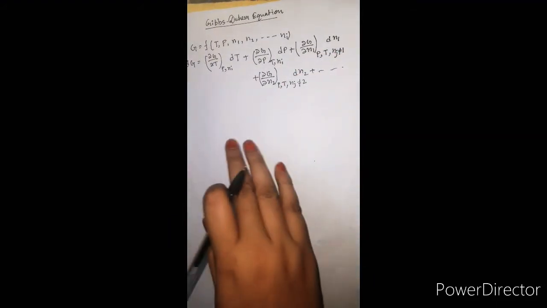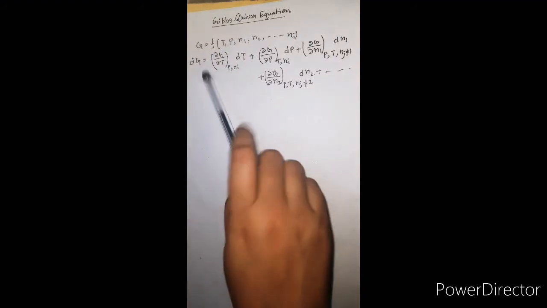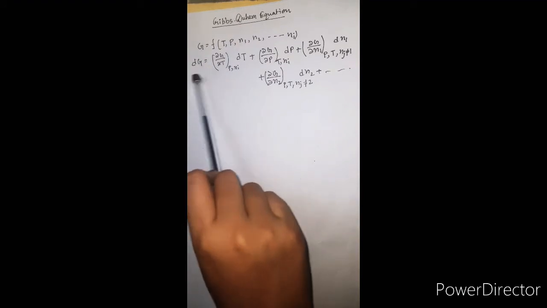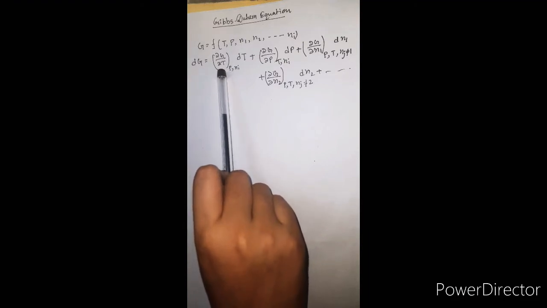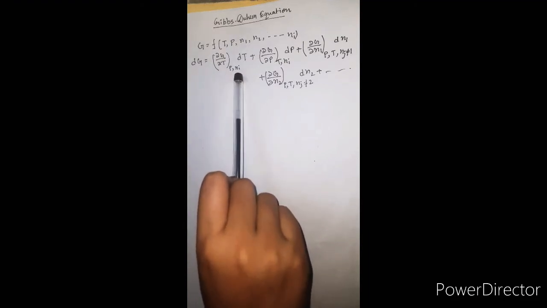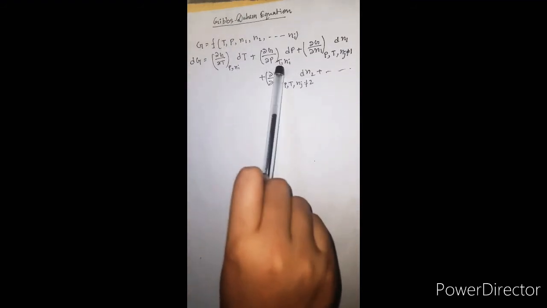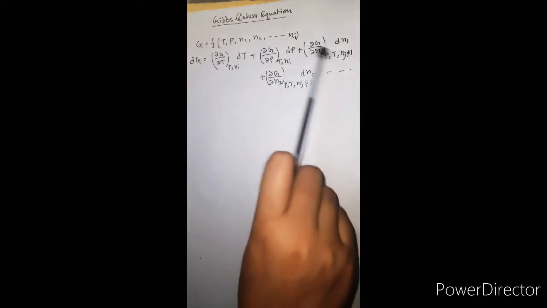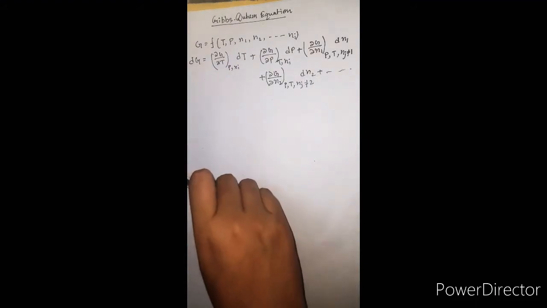Then the complete equation for the differentiation of G will be like this: dG is equal to del G del T at constant P and ni into dT, plus del G del P at constant T and ni into dP, and then we are differentiating the G term with respect to the moles of gases present.